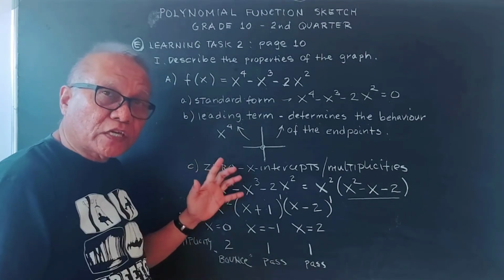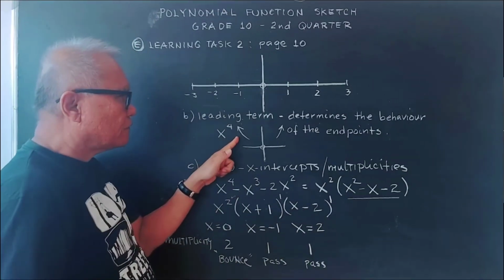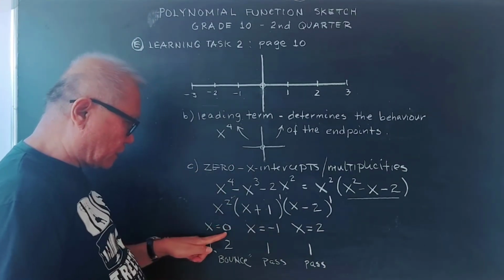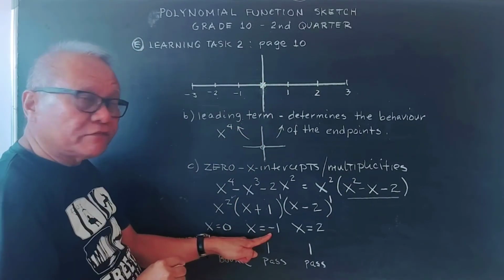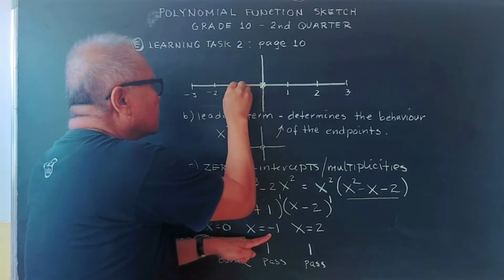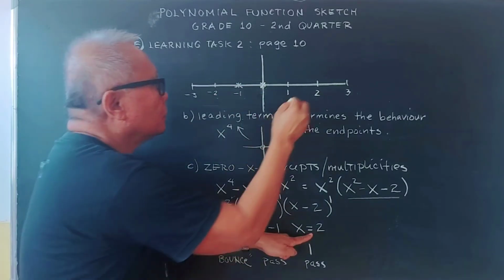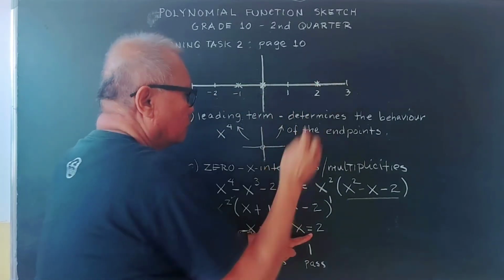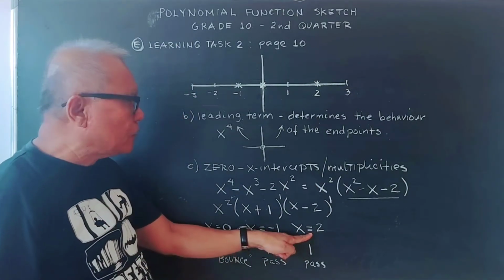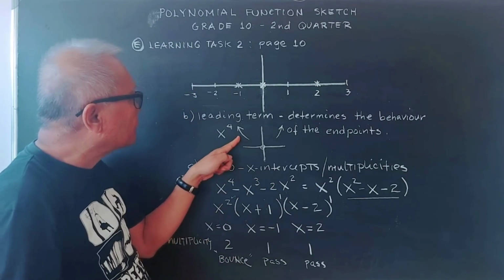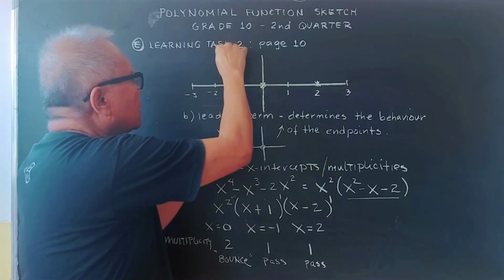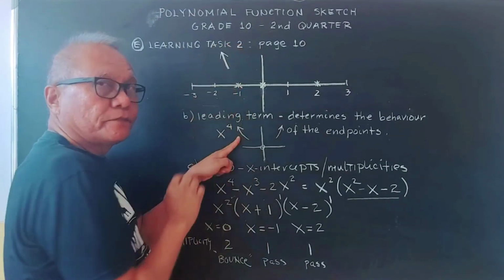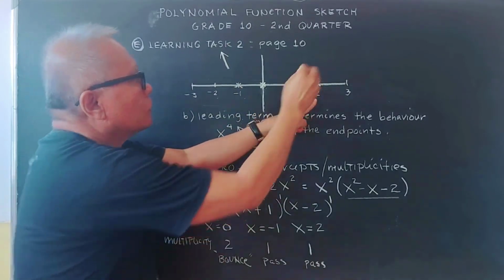Now we are going to sketch our graph. Let's have first the critical points. 0. So here, we have negative 1. So here, positive 2. Right, let us have the behavior of the end points, the far left and far right.